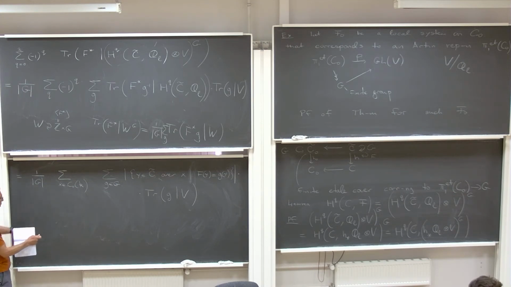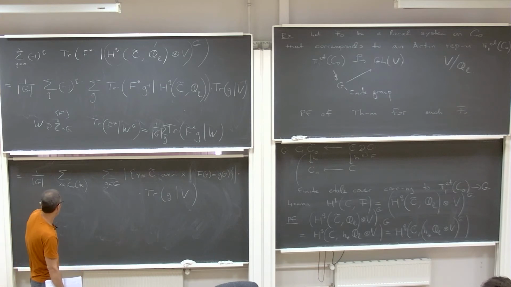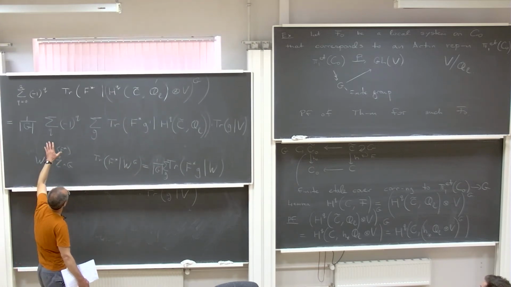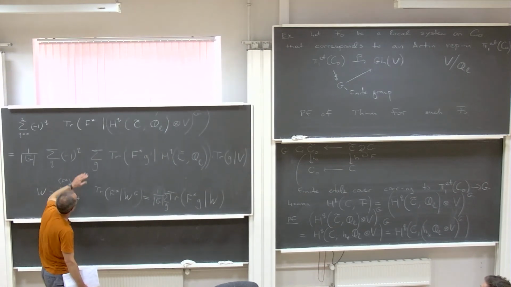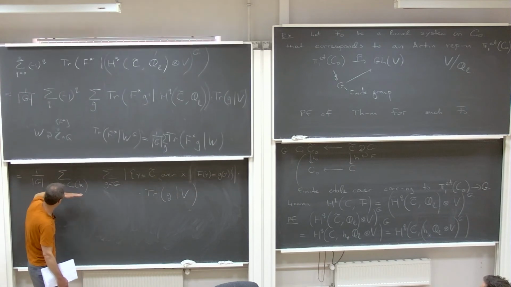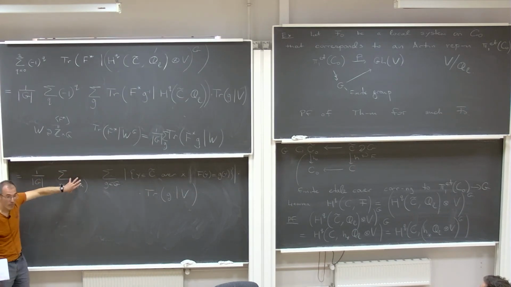So the rest of the proof is just a matter of... we already see that we expressed the quantity that we are interested in, namely this one, in terms of a sum over rational points of my curve.